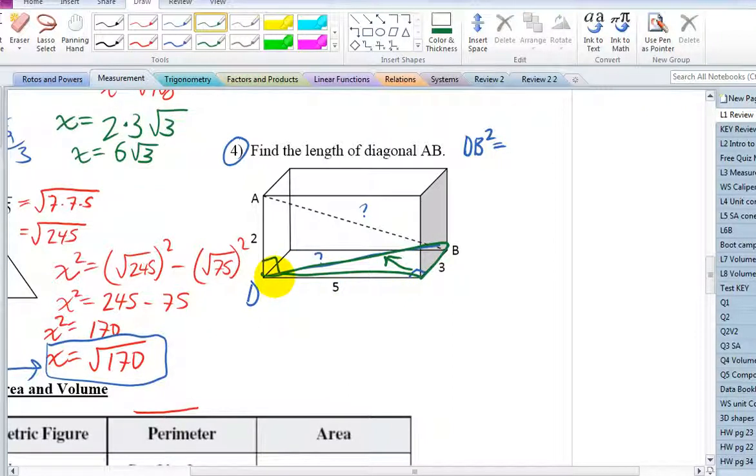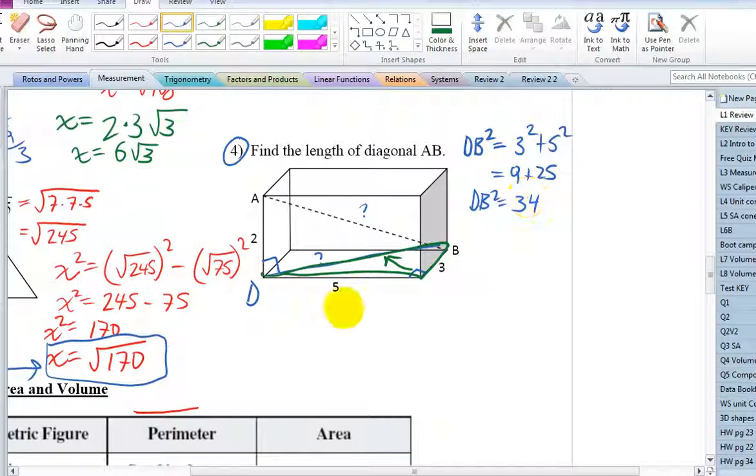Okay, yeah, that's the triangle we're talking about there in green. Okay, so DB squared equals 3 squared plus 5 squared equals 9 plus 25. DB squared equals 34. Let's just leave it as 34. I'll show you why in a second.